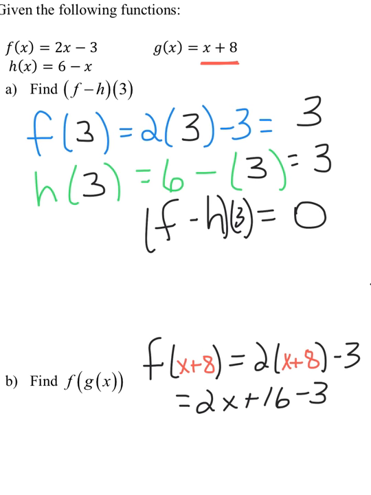So I get 2x plus 16 minus 3. Then the last step I need to do is just combine like terms, which are these numbers right here, 16 minus 3. So my final solution is 2x plus 13. So f of g of x is 2x plus 13.